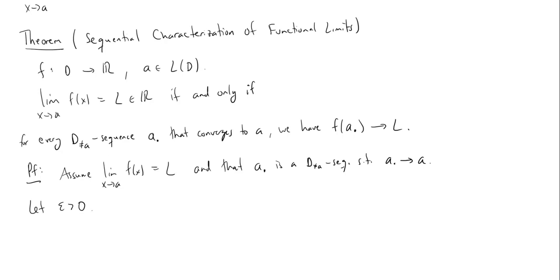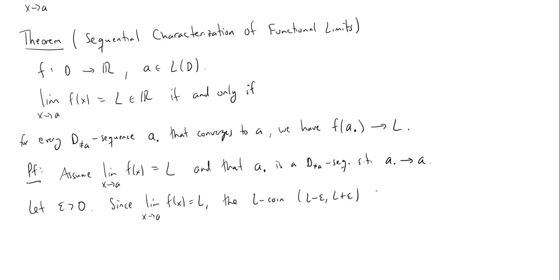We know that the limit as x approaches A of f of x is equal to L, which tells me that the L coin of radius epsilon, so let's write this: since the limit as x goes to A of f of x equals L, the L coin, L minus epsilon, L plus epsilon, contains the f image of the intersection of D with some punctured A coin.